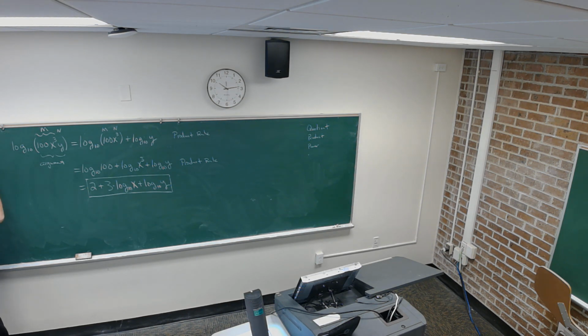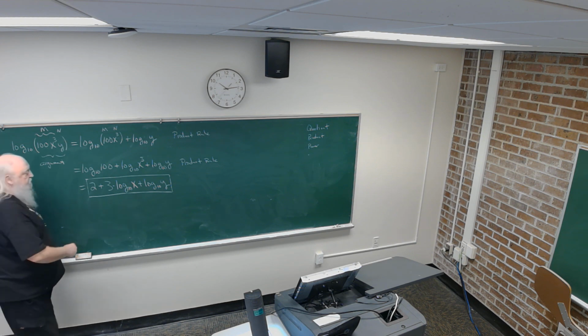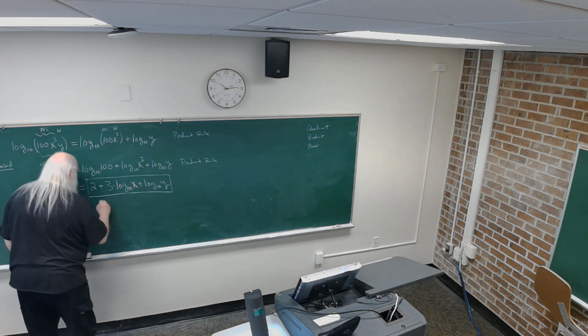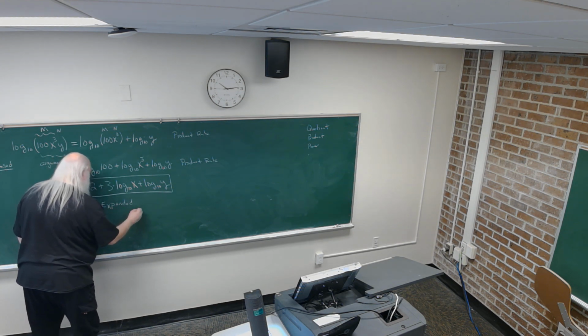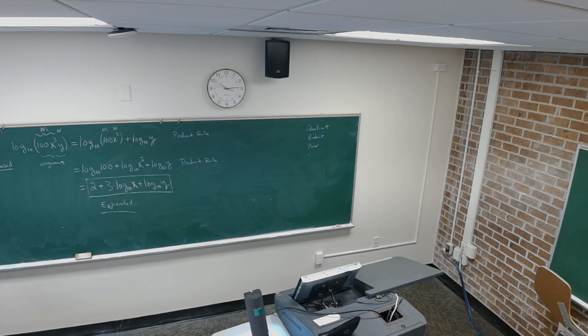So this is called condensed form. When you have just one logarithm, that's condensed, and when you write it out as the sum and difference of logarithms, that's called expanded. So you know that when we factor, like x squared plus 5x plus 6 into x plus 2 times x plus 3, these are equal.